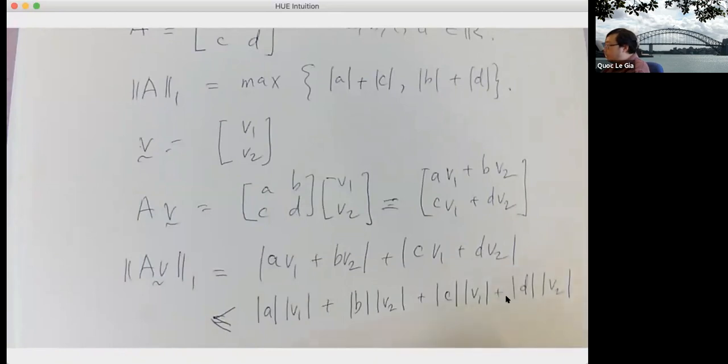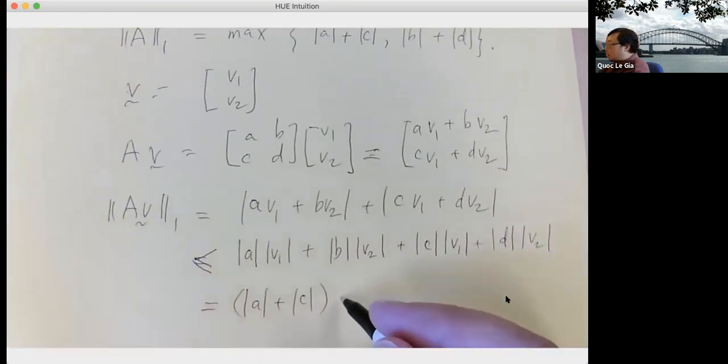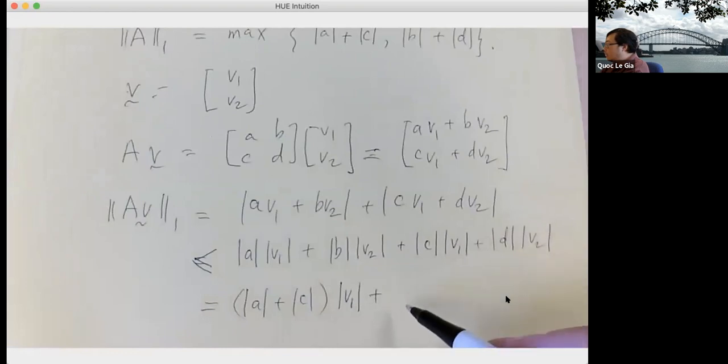Now you can combine the terms. You can have |A| plus |C| times |V1|, plus |B| plus |D| times |V2|.